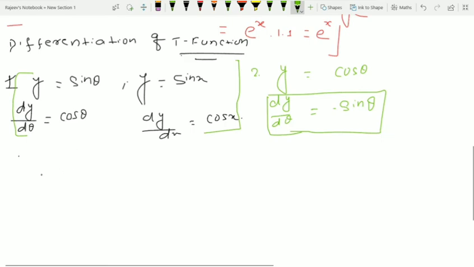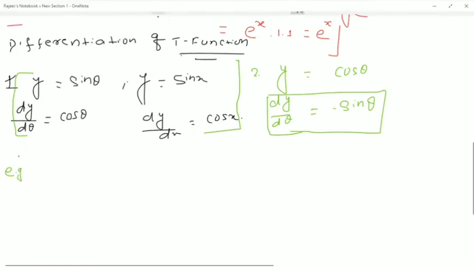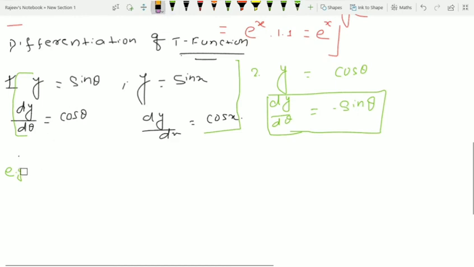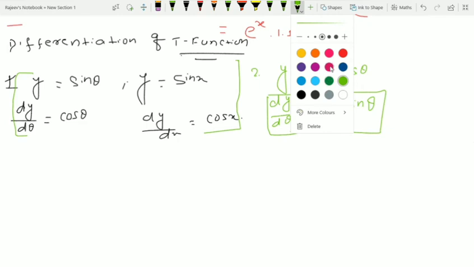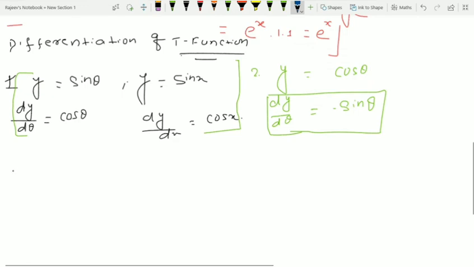See formula number 3. Suppose that y is equal to tan theta, so its differentiation will be dy by d theta is equal to sec square theta.